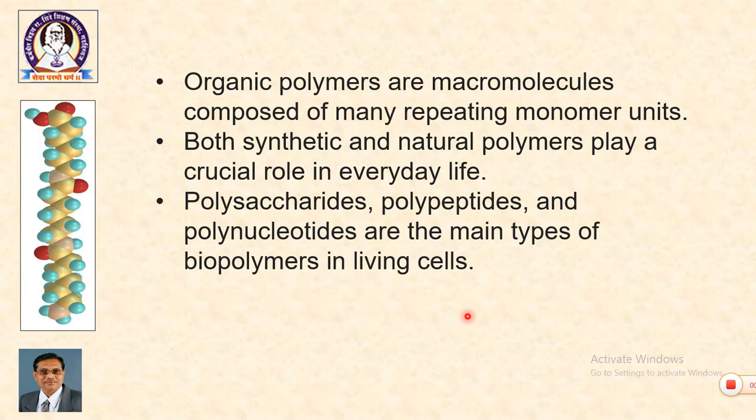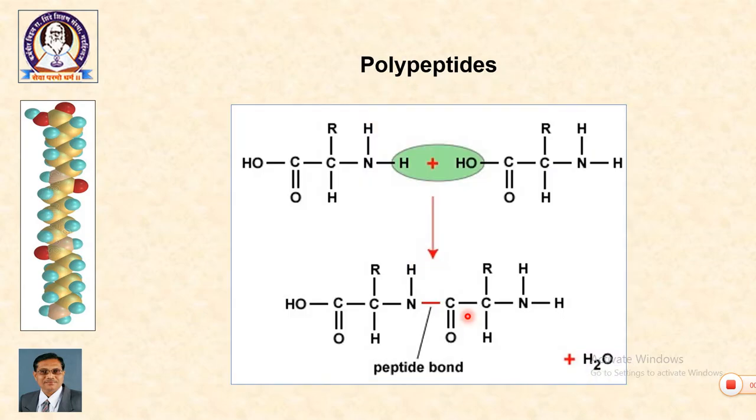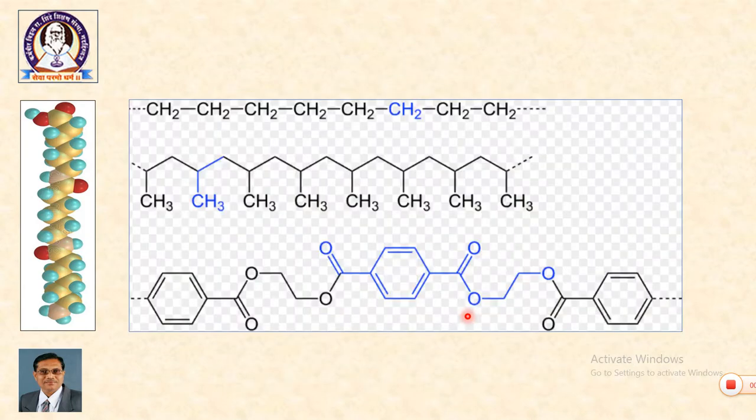So, these are the examples of organic polymers: polysaccharides, polypeptides, polynucleotides. This slide shows two types of polymers in a single image. So, carbon-containing polymers are organic polymers, and the heteroatom-containing polymers are inorganic polymers.